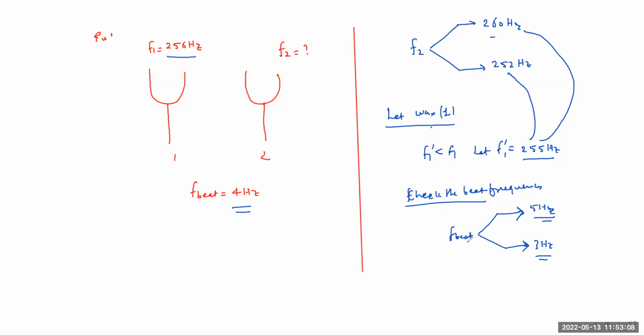And upon a decrease of the beat frequency, we know the answer was 252. So in the question, they will give you that upon waxing or filing, the new beat frequency has increased or decreased. They mention this fact, and from there you can easily conclude which one is the right answer. These questions are very common in HC Verma, so that's why I have taught.